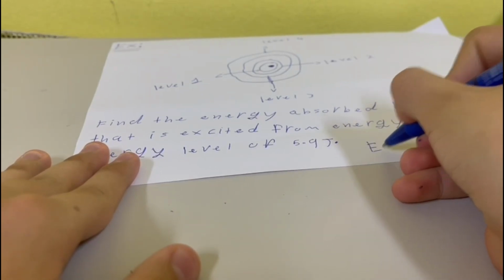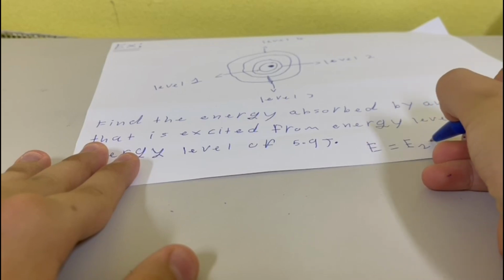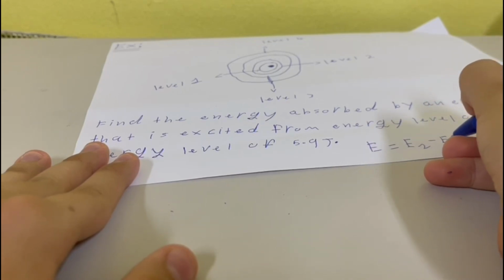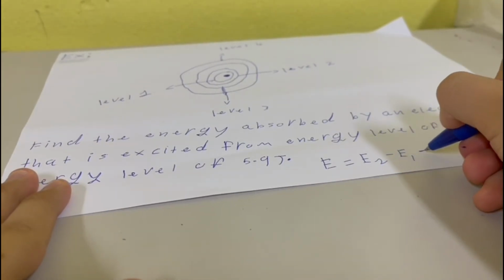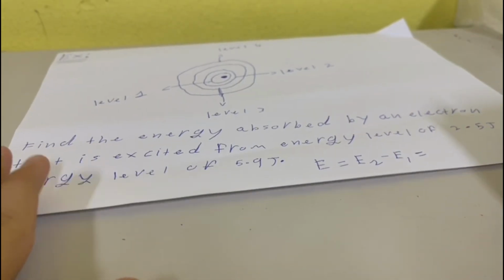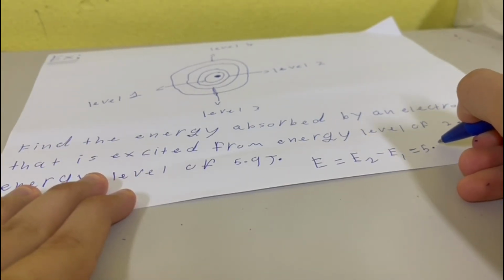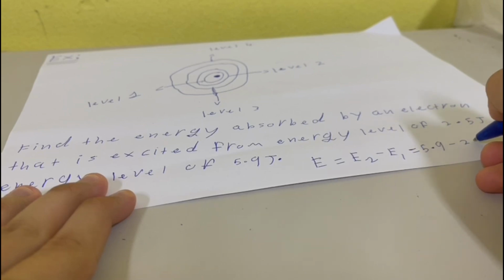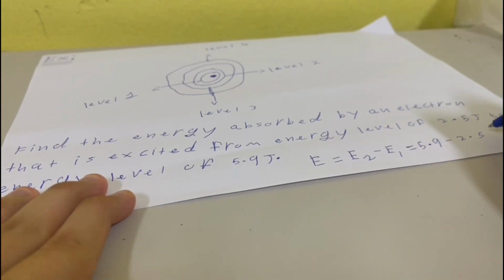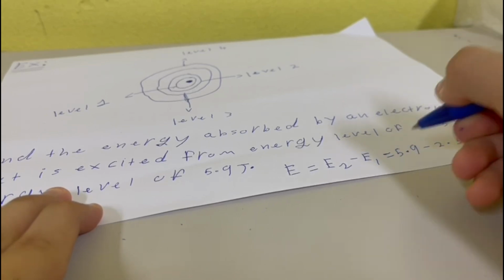E, which is equal to E2 minus E1, where E2 is the final energy. The final energy here is 5.9 joules minus 2.5, which is the starting energy, so that is 3.4 joules.